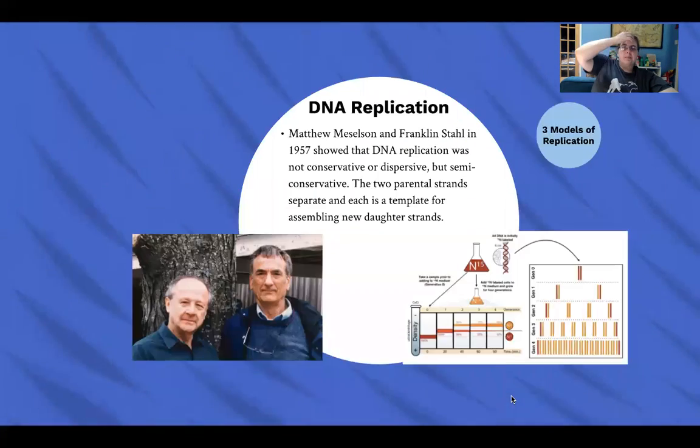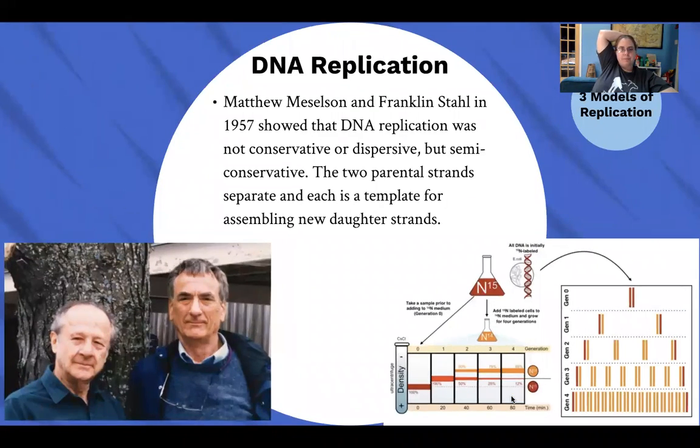All right, let's talk a little bit about DNA replication. It was Matthew Meselson and Franklin Stahl in 1957 who showed that DNA replication was not conservative or dispersive, but rather it was semi-conservative. And we'll talk a little bit about what those three terms mean in a moment.